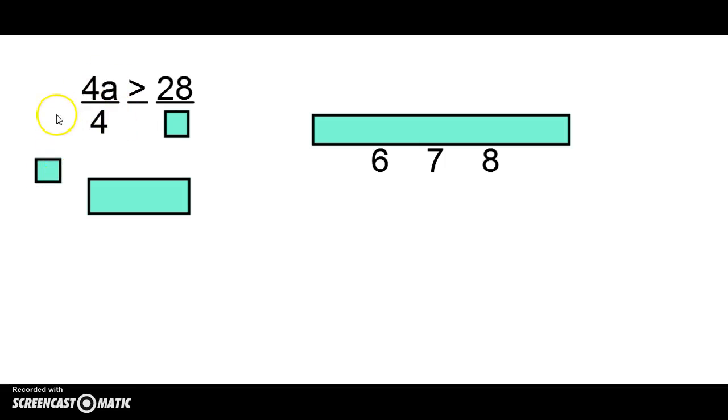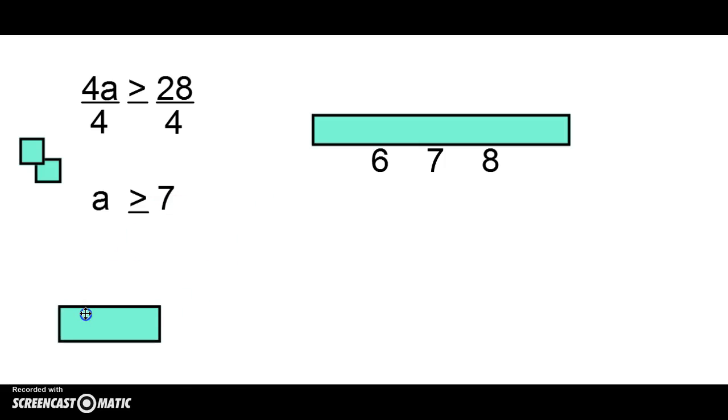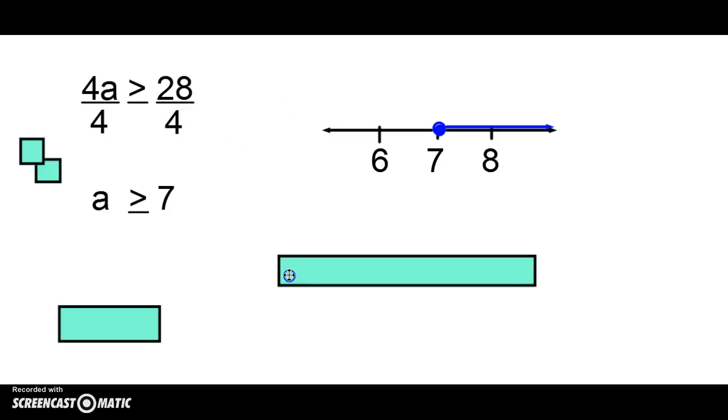If we divide the left by 4, we have to divide the right by 4. Now we get A alone. And so you would say A is greater than or equal to 28 divided by 4 is 7. Here's the number line. Notice it's a closed circle because it's or equal to.